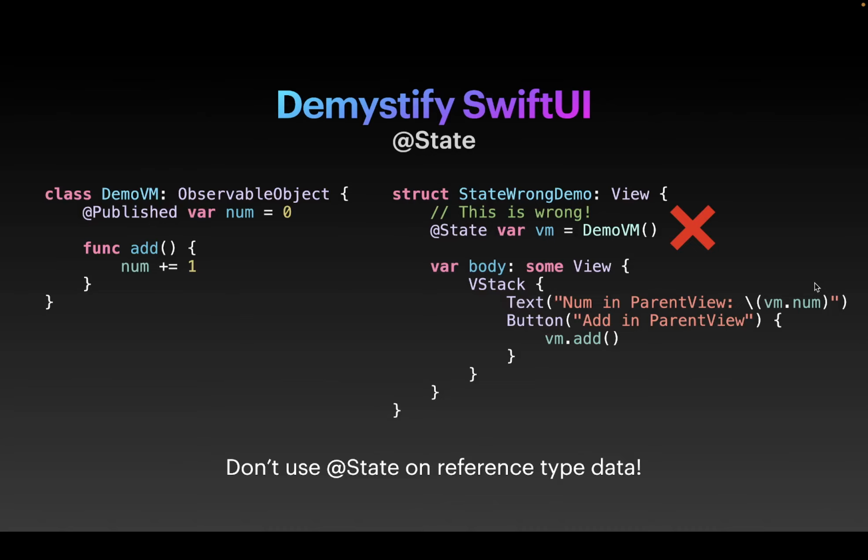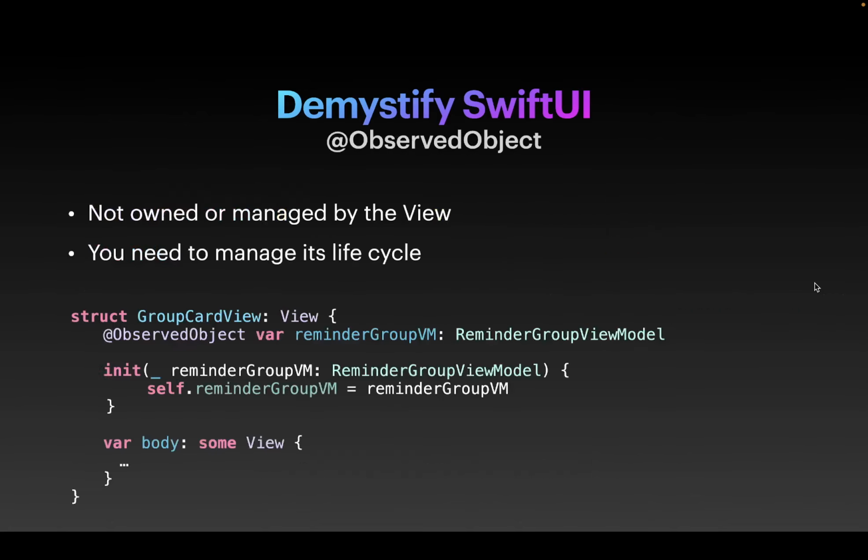But the thing is, you won't receive any updates. So @State can only be used on value type data. You won't receive any updates on reference type data. Is that clear? Okay, all right.